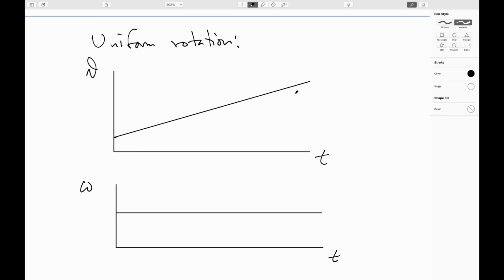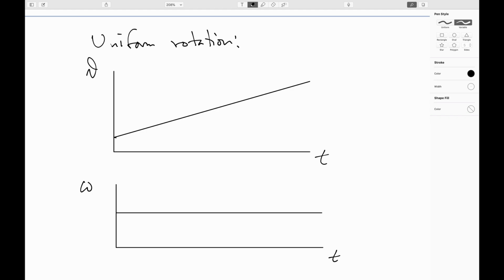As long as it's a straight line, that's fine. With a positive slope, this will mean a positive value for our angular velocity, which will mean we're rotating counterclockwise. If we were to have a negative slope here, whether it's above or below the axis doesn't matter. The angular velocity would be negative, and it would mean that we were rotating clockwise. And we would be doing this at a constant angular speed.